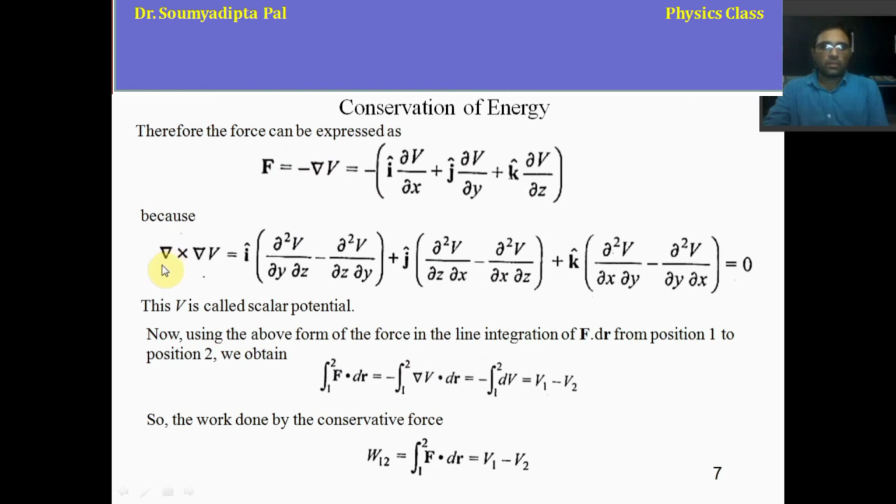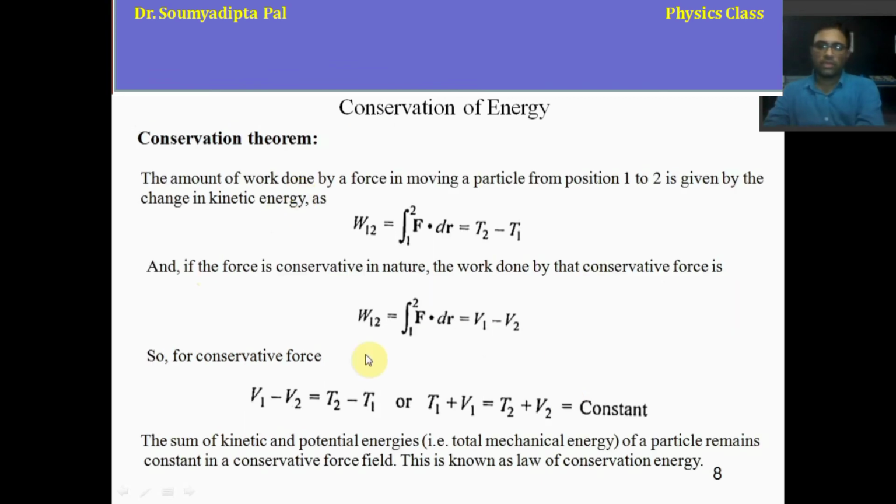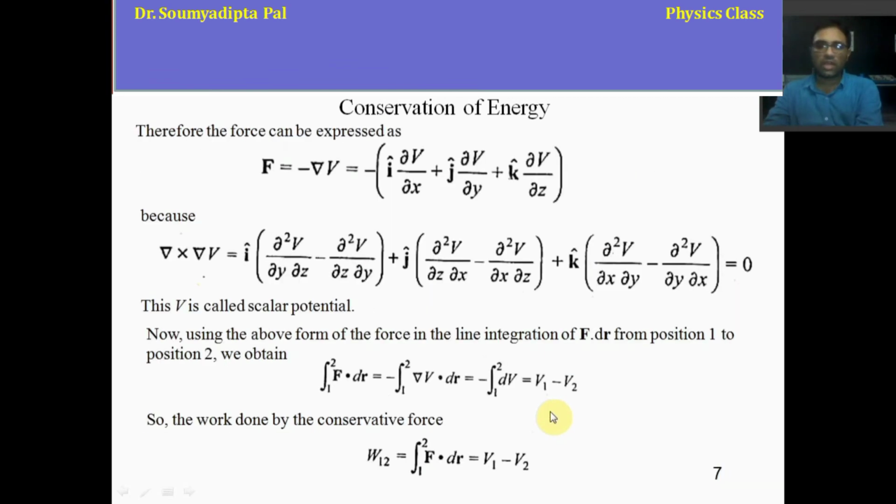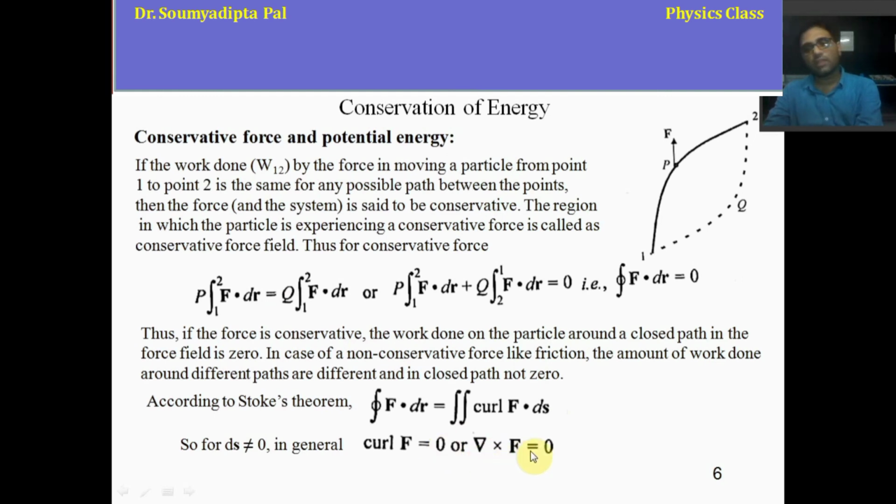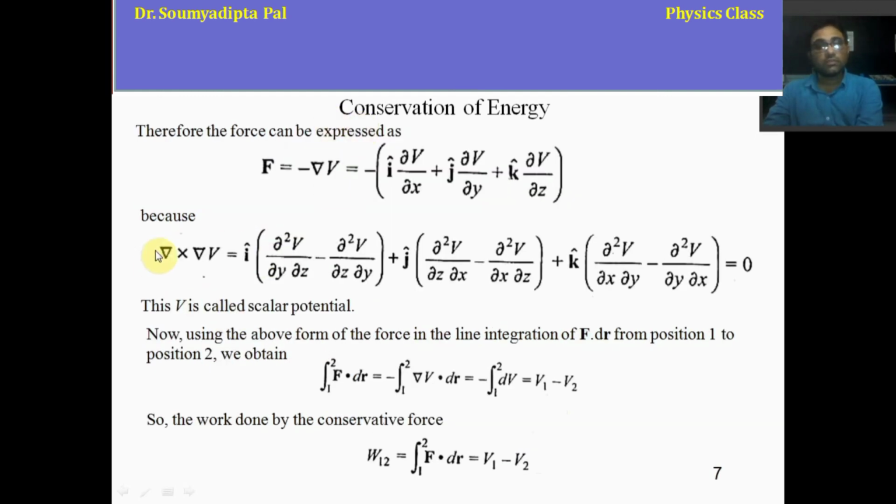If you do this vector calculation, curl of del V will always be 0. That's why we say F has the form del V, the gradient of a scalar potential. Understood? We are not directly saying that if curl of F is 0, it is like this. Due to this identity, it is always valid. We can say this force is basically del V.